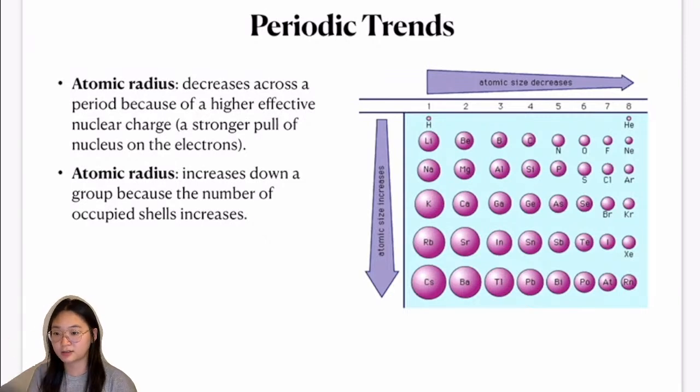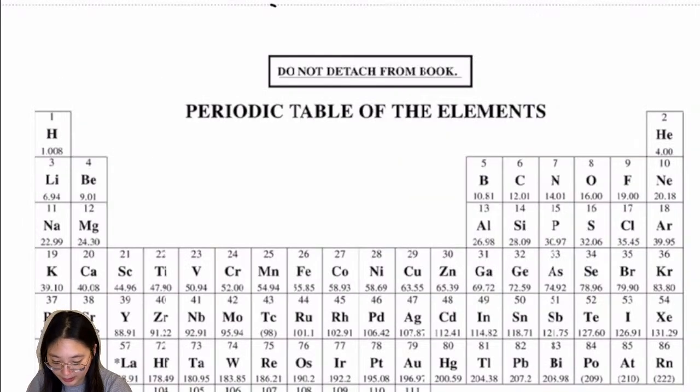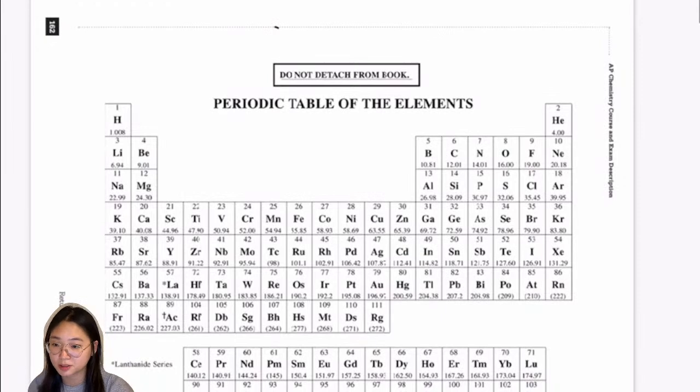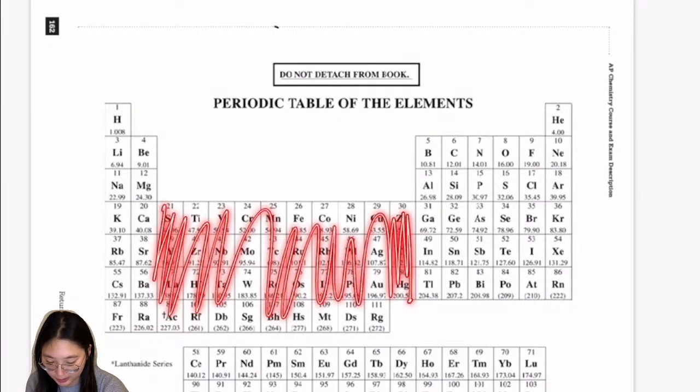I'm going to start from the atomic size, or the atomic radius. They're basically the same. This is also the part that you get tested the most in AP Chemistry. When it comes to periodic trends, we're not including the transition metals.